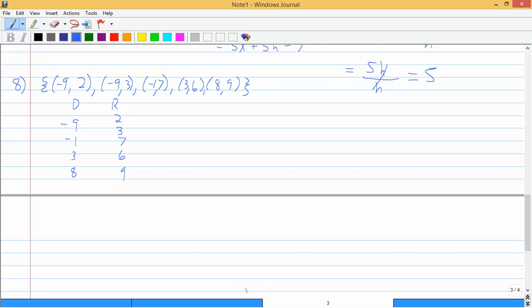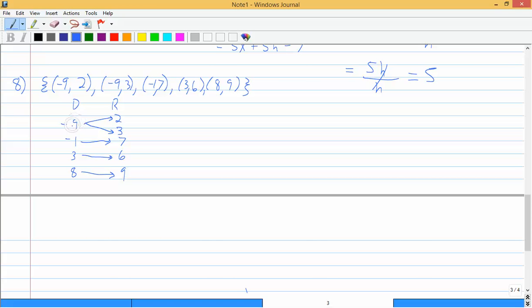The way we do a mapping, we look at the ordered pair and draw an arrow from negative 9 to 2. We draw an arrow from negative 9 to 3. And do the same thing for these 3 ordered pairs: a mapping from negative 1 to 7, from 3 to 6, and from 8 to 9.